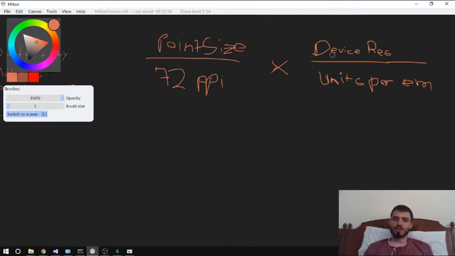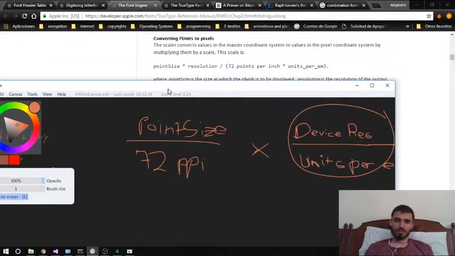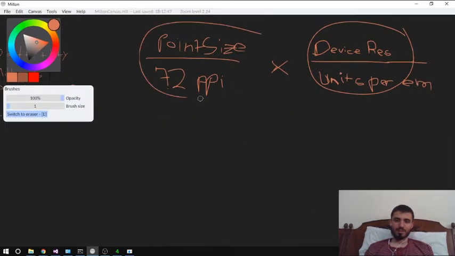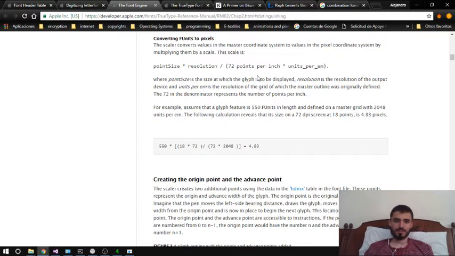Alright. So this is like the two ratios and we multiply so we can scale out from the device resolution to the point that we want. This is our target. It's just a simple multiplication, scaling.